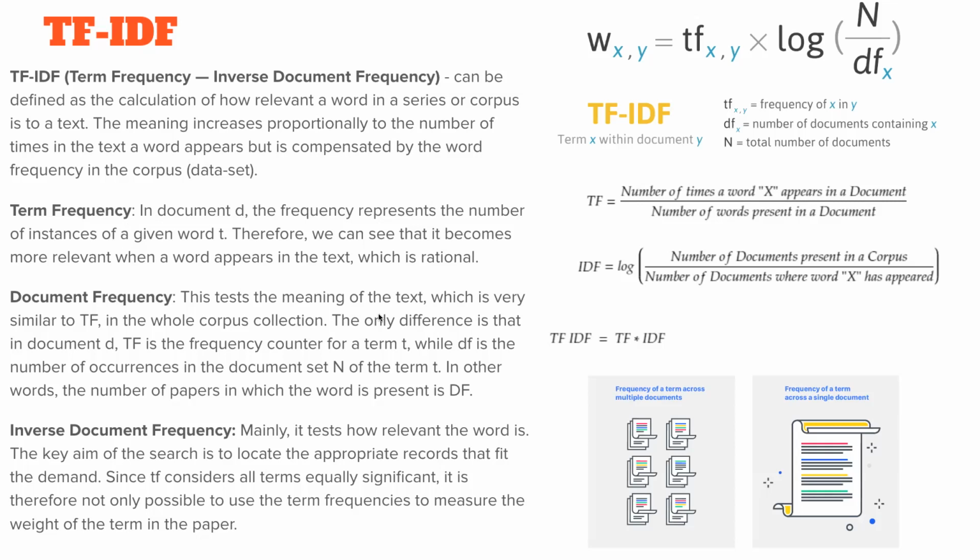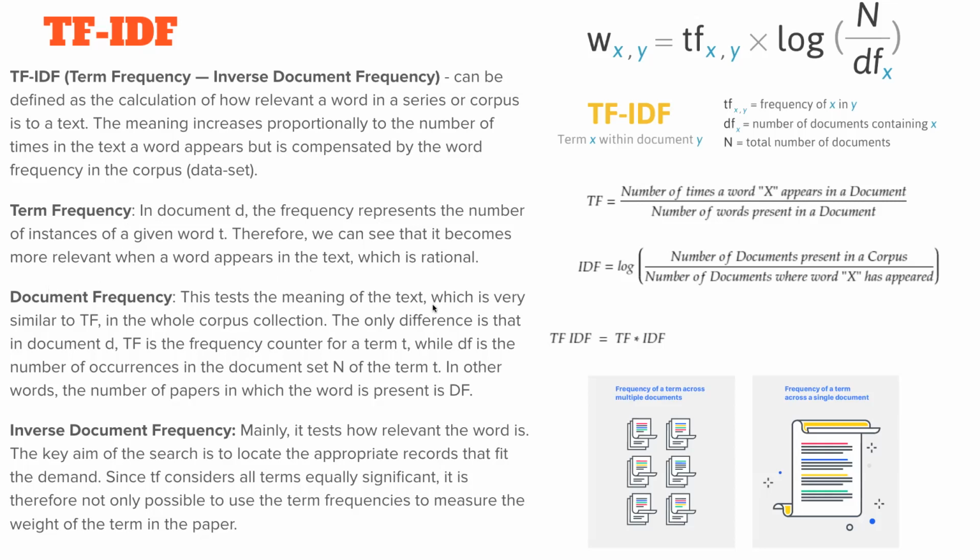So term frequency, if a single word appears very frequently in a document, its term frequency increases. But the problem is, such frequent terms can be also stop words, such as the, a, an, or, in, of. So that's why we also have to calculate document frequency.